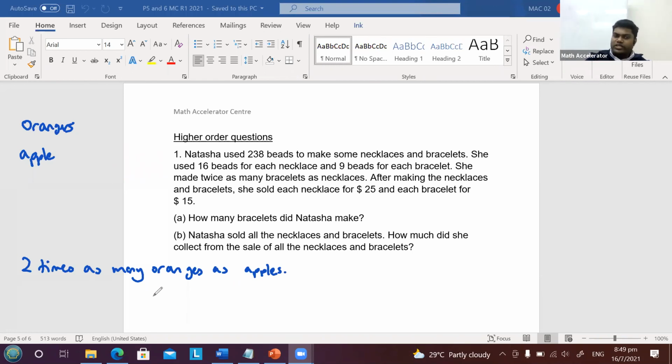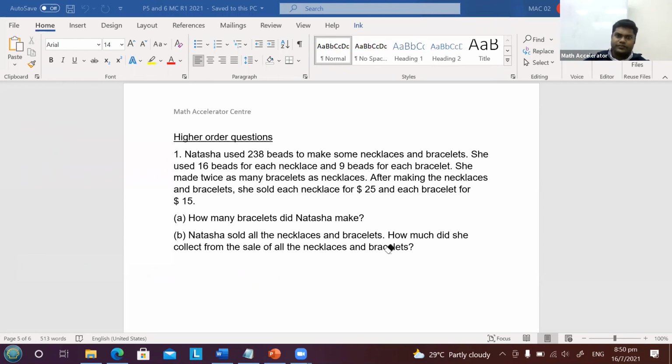It cannot be 1 orange, because if I have 1 orange and orange is twice as much as apple, it means apple will be half, and this makes no sense. So the minimum possible number of oranges that I could have is 2. The minimum number of apples that I can have is 1. So this is the underlying logic that you need to have to do this question.